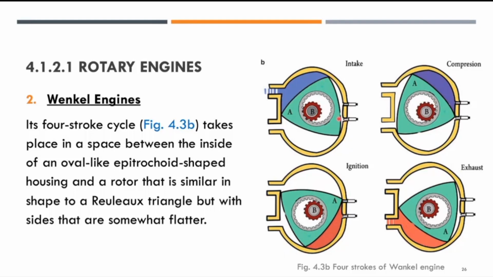You can see the green triangle move in the housing, creating air going into the system, compression, ignition, and exhaust. It takes place in the space between the inside of an oval-like epitrochoid-shaped housing and a rotor that is similar in shape to a Reuleaux triangle, but with sides that are somewhat flatter.